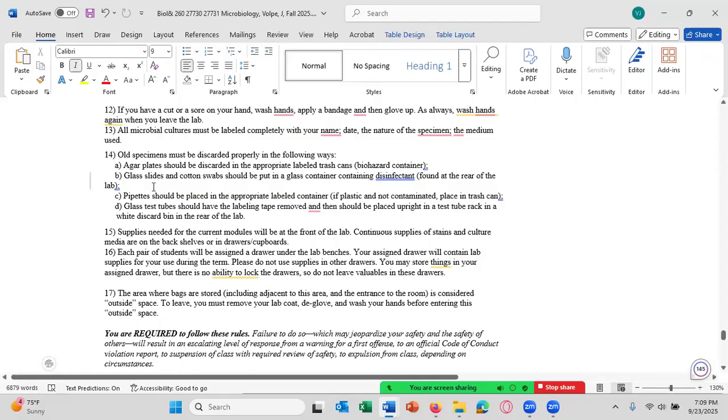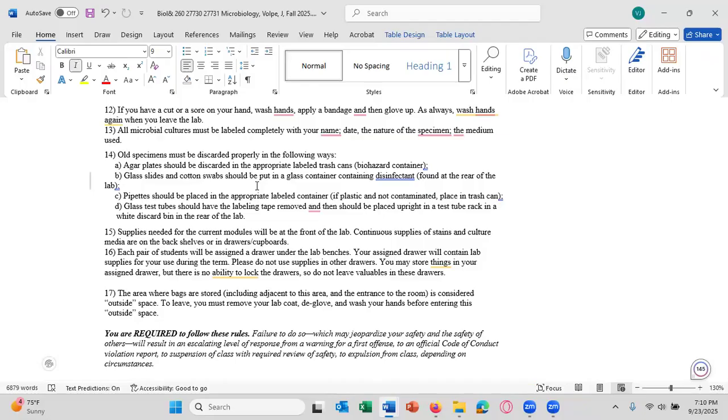Glass slides are put in the glass slide container, cotton swabs in the cotton swab container, cover slips in the cover slip container. Both of these containers contain disinfectant. The slides will be disinfected, then washed, cleaned, and dried, and then reused.